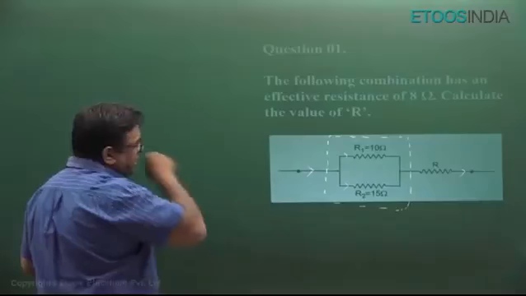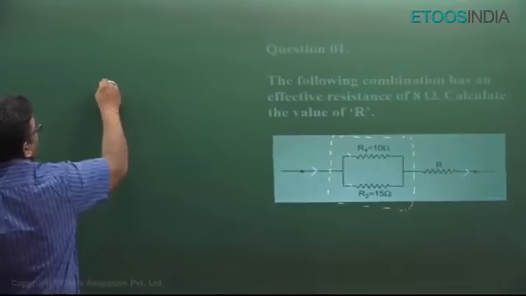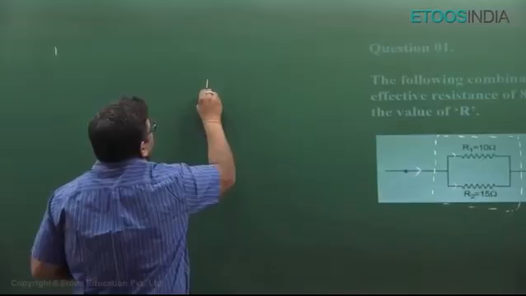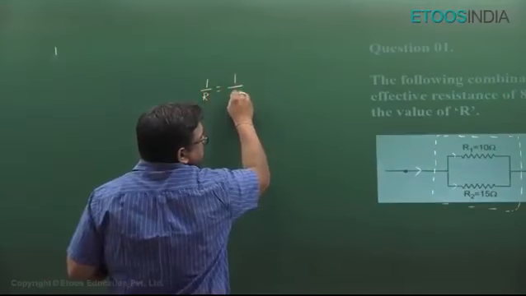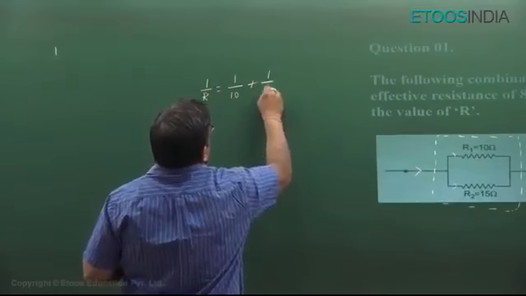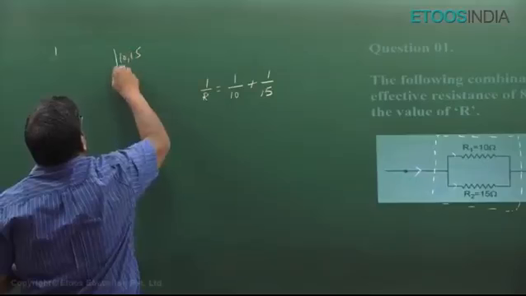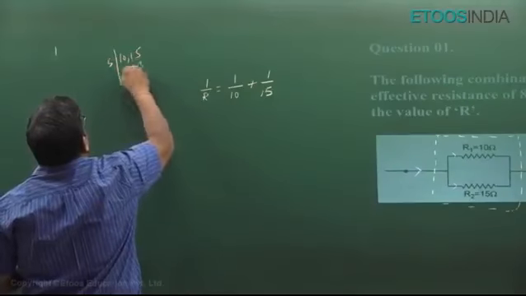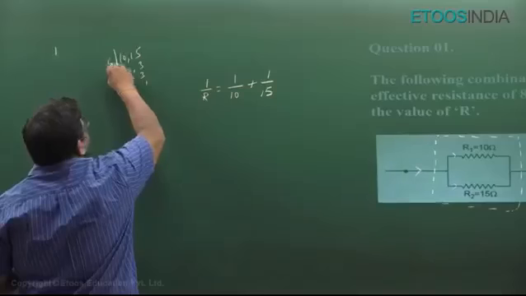First of all, let me find the total value of R1 and R2. We know that in parallel combination, 1 upon R is equal to 1 upon 10 plus 1 upon 15. If I take the LCM of 10 and 15, the answer will be 30.